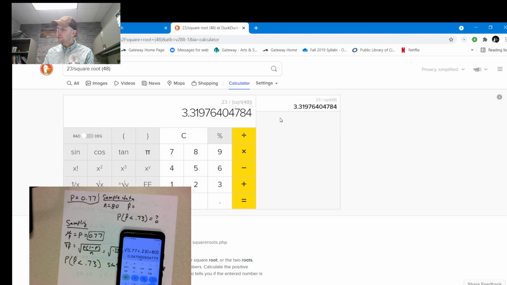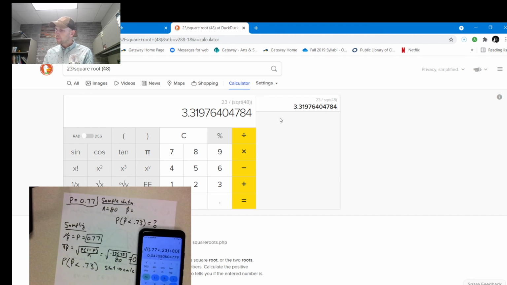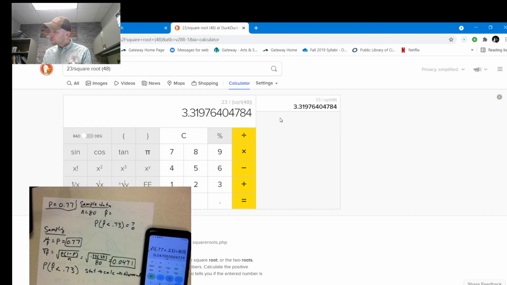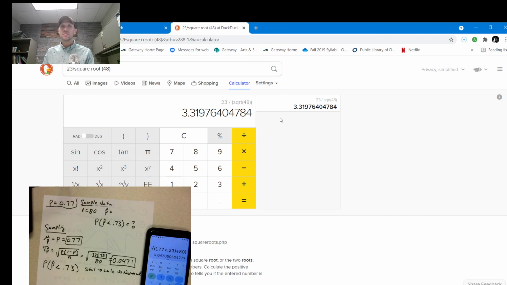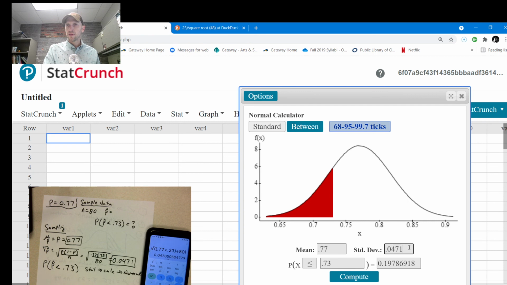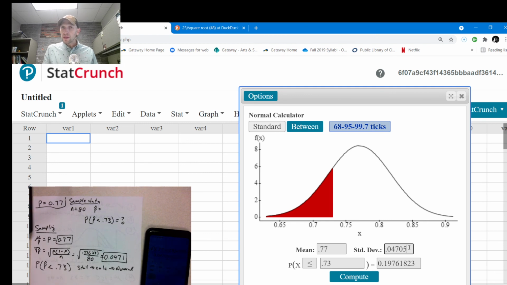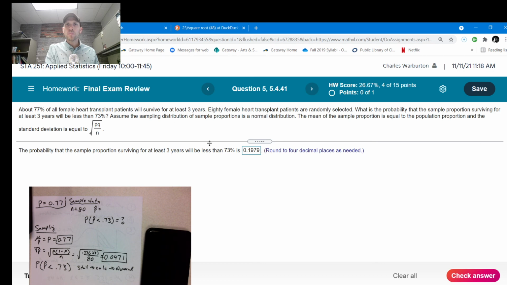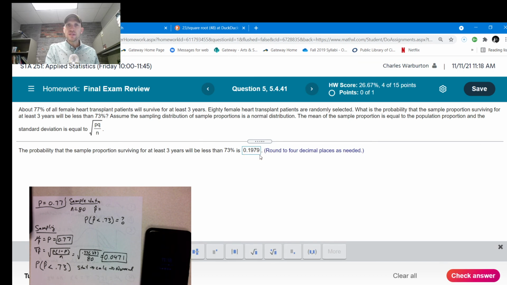It looks pretty good, right? It looks okay. 0.047. Maybe I should go 0.05 here. That brings it to 0.1976. Let's see if that makes a difference.